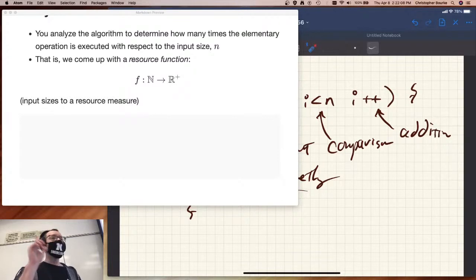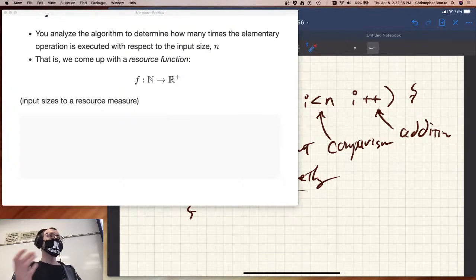Now, the thing that we're mapping to is the positive reals. What if we map to all the reals? Here's an algorithm. You run it on an input size of 50, but it takes negative time to run. That means you start running it right now and your answer appeared 5 minutes in the past. Does that make any sense? Nope, that'd be pretty cool, and then you've just invented time travel.